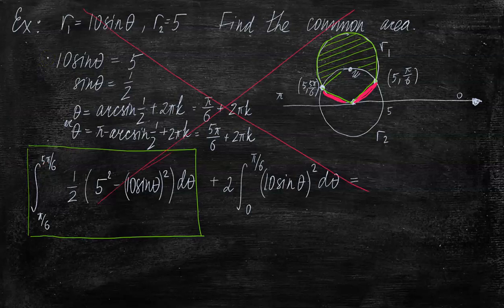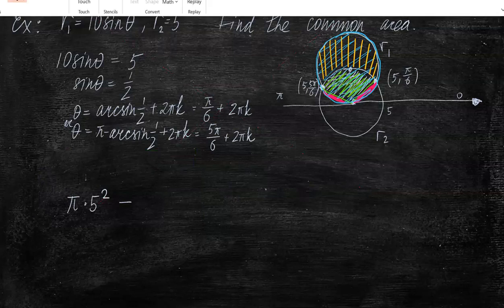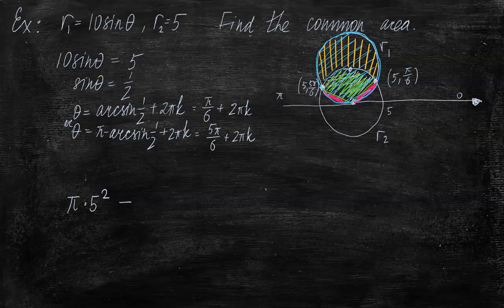And let's continue with this approach. So we're going to find the blue area, which is the area of a circle of radius 5, and we're going to subtract the orange area, and the orange area now is the one that can be expressed with this integral. The integral from pi over 6 to 5 pi over 6, but on this interval R1 is the external curve.